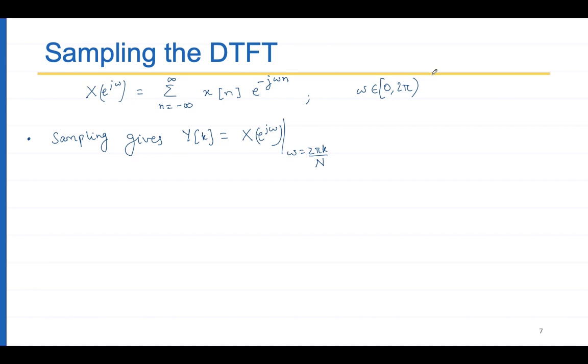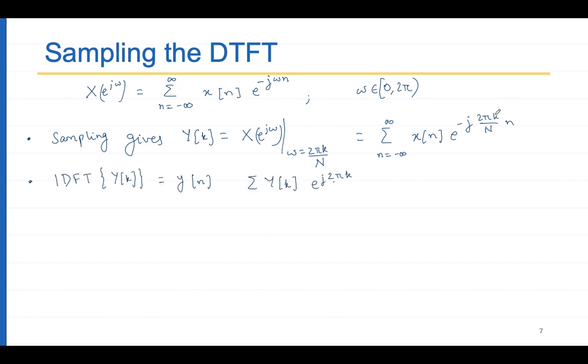Now, if I sample X(e^jω) at ω equal to 2πk upon capital N, I obtain y[k]. Yes, this is also very clear. This is just substitution of this ω into this formula.